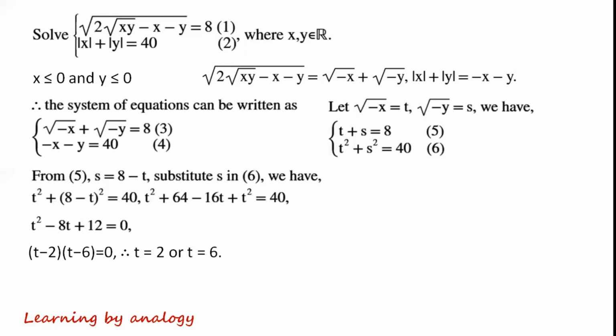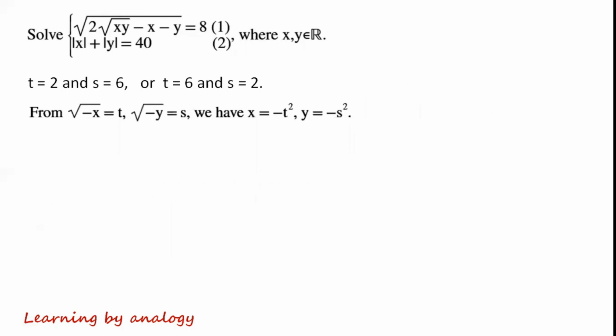So either t equals 2 or t equals 6, because s equals 8 minus t. So either s equals 6 or s equals 2.